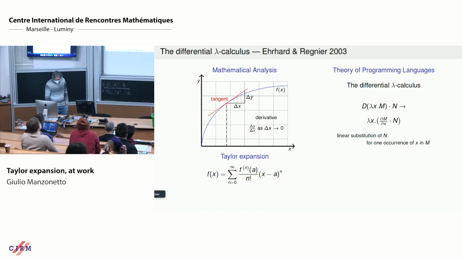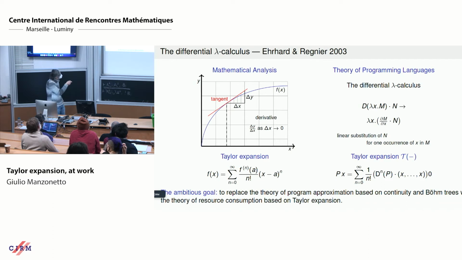And so since we now have a syntactic notion of derivation, we can also import the Taylor expansion from mathematical analysis to the theory of programming languages. And the ambitious goal is to replace the old theory of program approximation, which was based on continuity and Böhm trees, with this newer theory of Taylor expansion, which is sensitive to the consumption of resources.